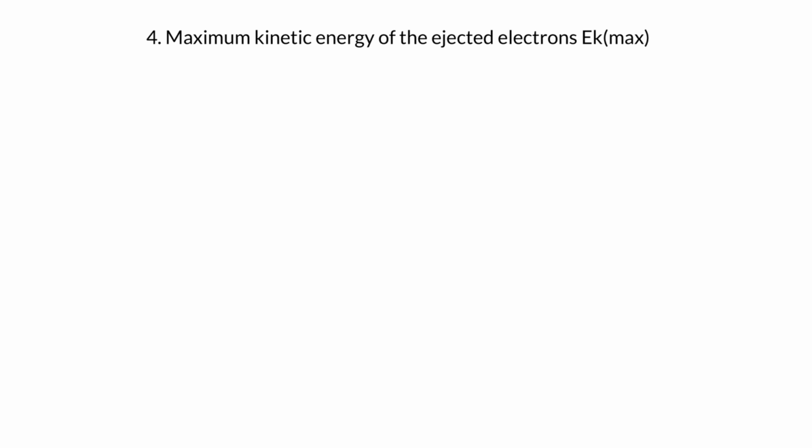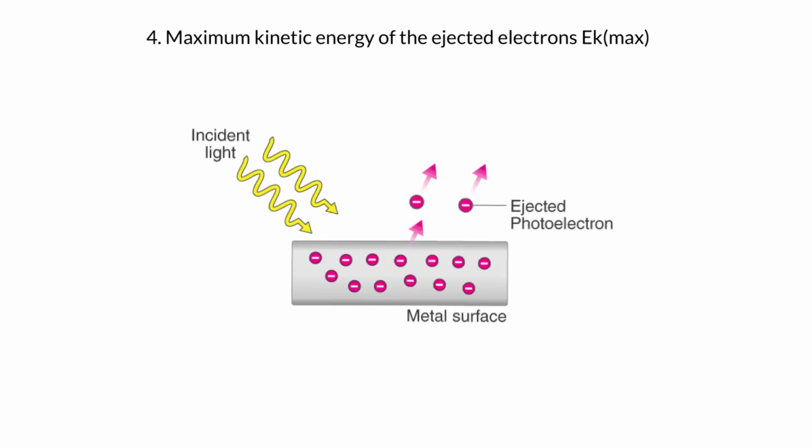So what's going to happen is, when I have a metal and I shine a light onto it, one of two things is going to happen. The first thing that's going to happen is that inside this metal, the electrons will move to the surface of the metal.